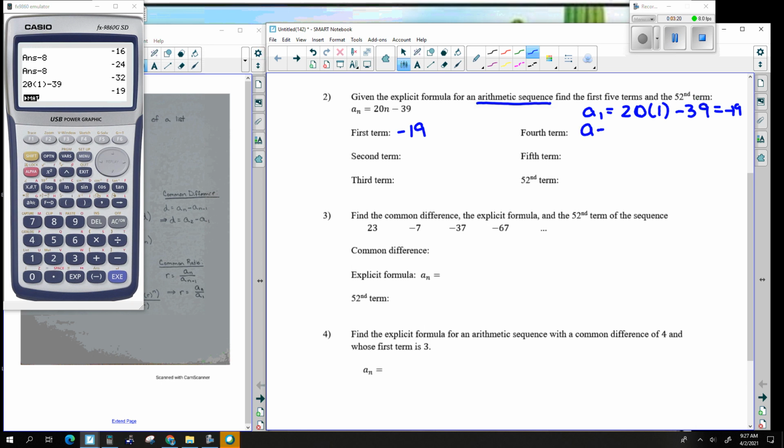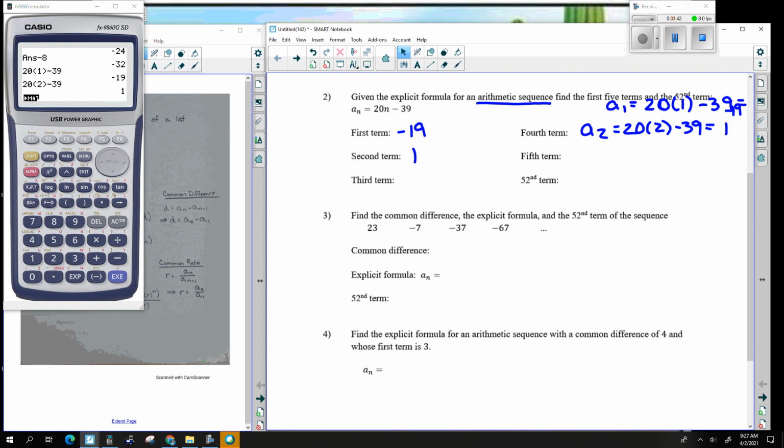Second number. Okay, it's 20 times 2 minus 39, which is 1. Because I see that this is indeed arithmetic, that means I'm adding to the next, to the next, to the next.